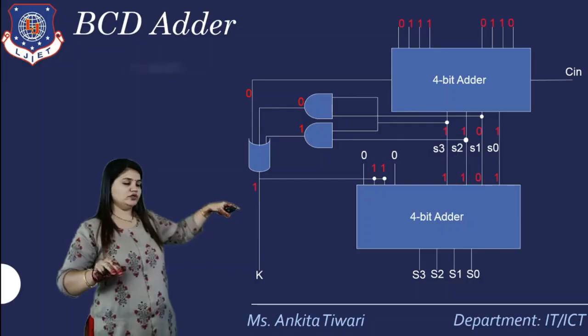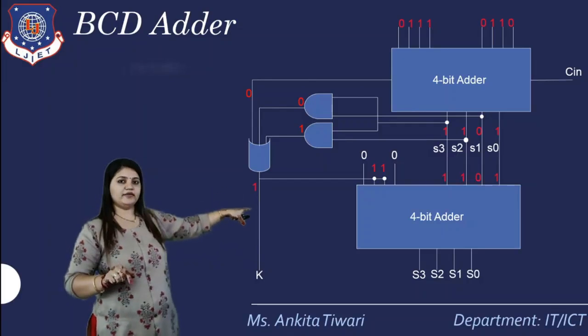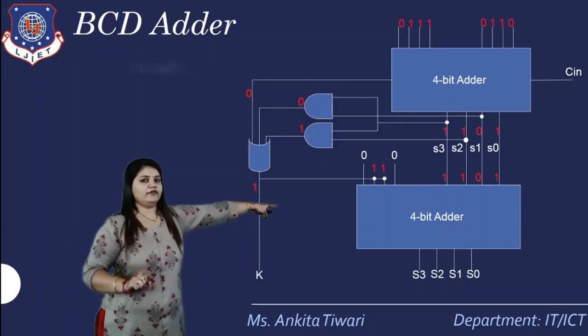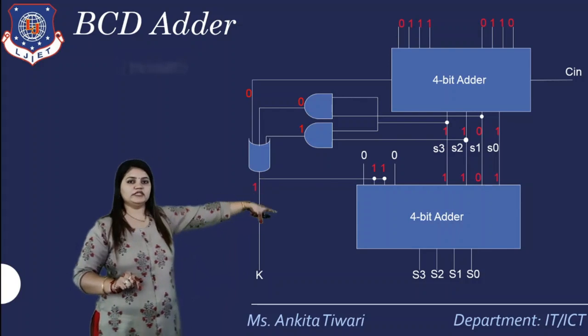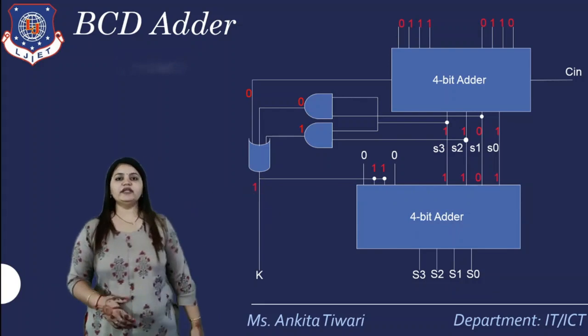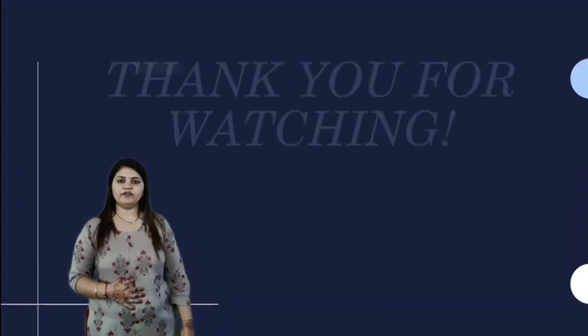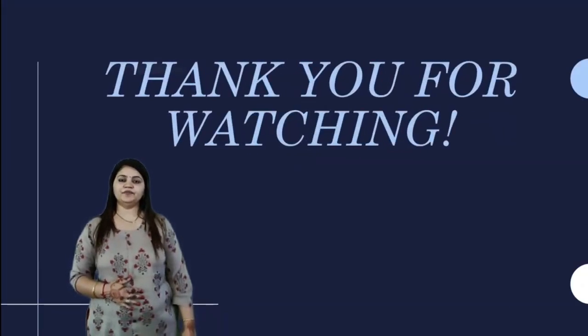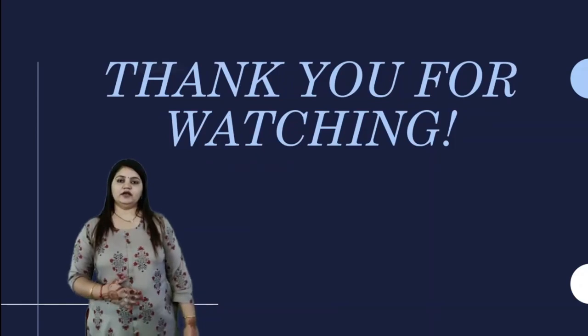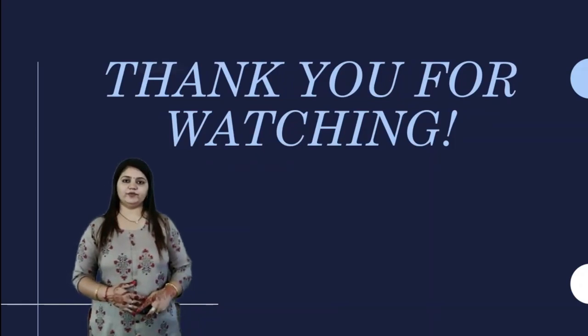These three conditions are decided by this OR gate, and the output is applied to the C input 0110, and you get the 4-bit sum in the BCD adder. So this is what we have done, that is BCD addition and the BCD adder, in this topic.